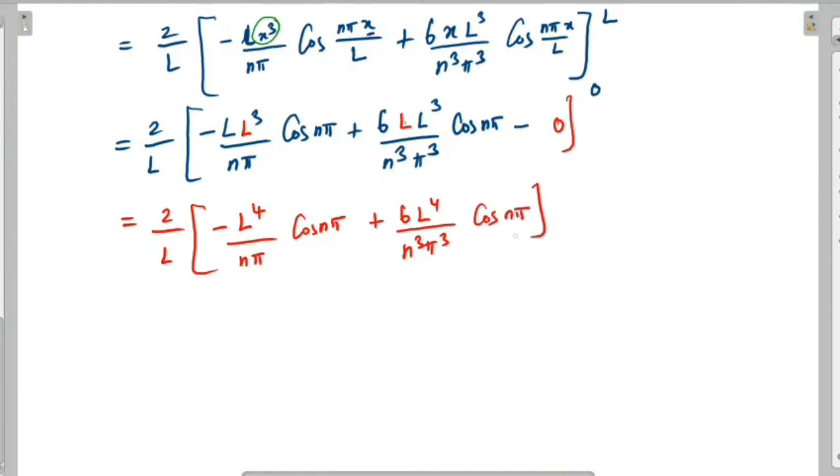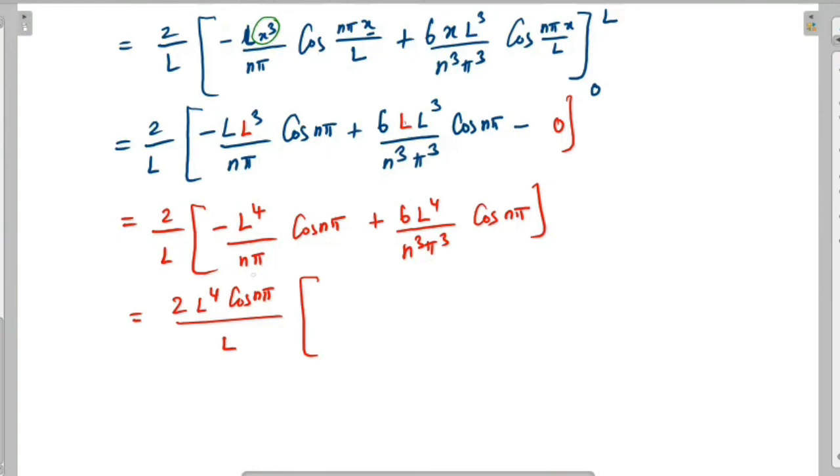So now we have to compare whether there are any common terms we can take outside from this close bracket. I think L power 4 cos n pi and n pi is also common, right? So if you take, you may get 2 L power 4 cos n pi as a common term.